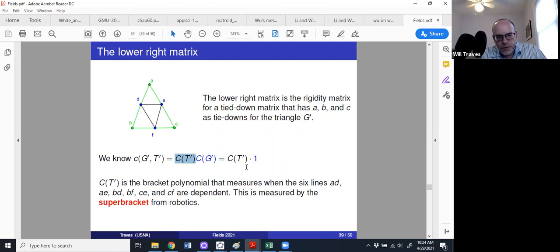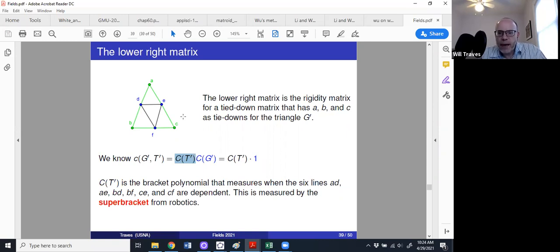And there's a very beautiful theorem in the paper by White and Whiteley that says that this pure condition for the tie down is a bracket polynomial, and it's measuring when the 6 lines, here the 6 lines are the lines spanned by A and D and A and E, etc. All these green line segments get extended to lines, and when are those 6 lines dependent in 3 space?